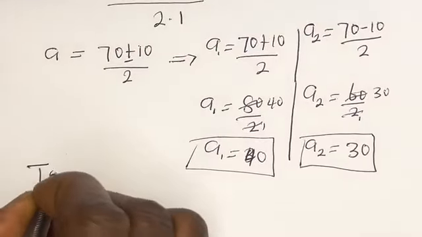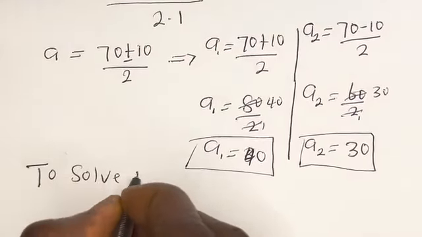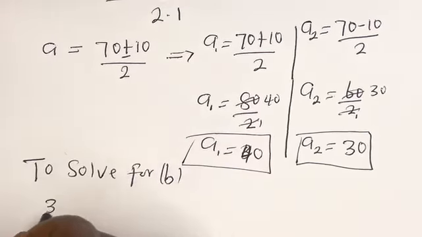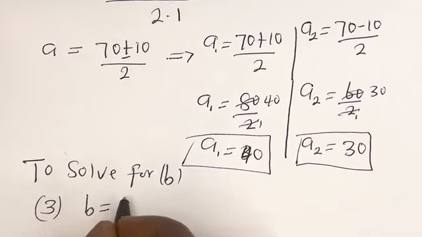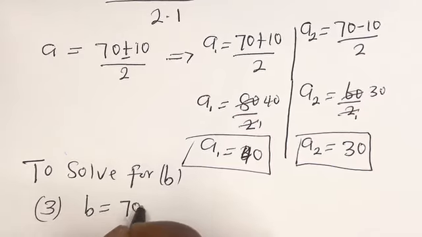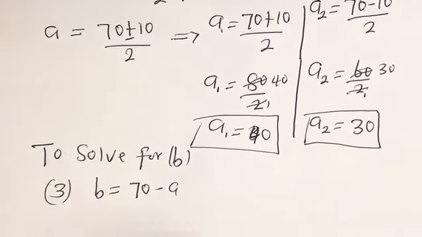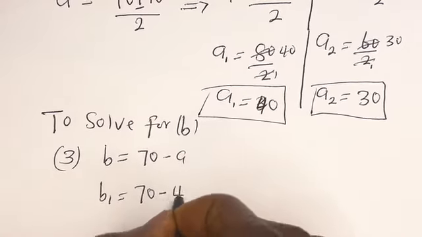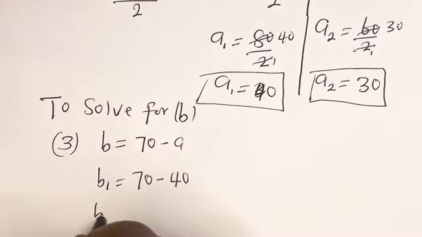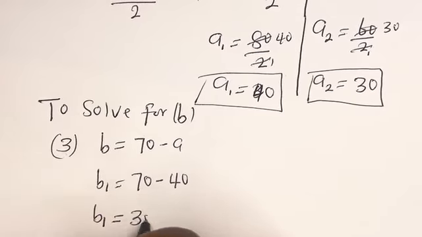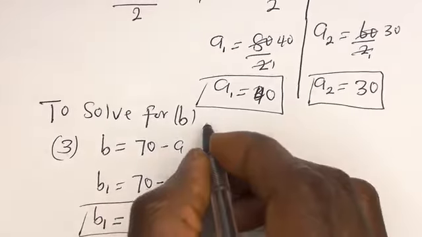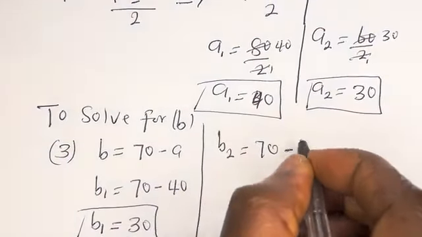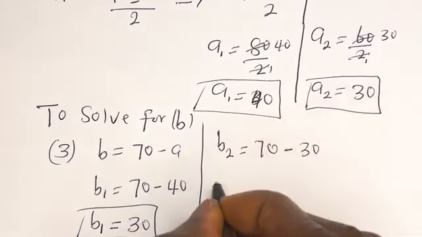To solve for B, from equation 3, B is equal to 70 minus A. B1 is equal to 70 minus A1, which is 40. B1 is equal to 30. Also, B2 is equal to 70 minus A2, which is 30.